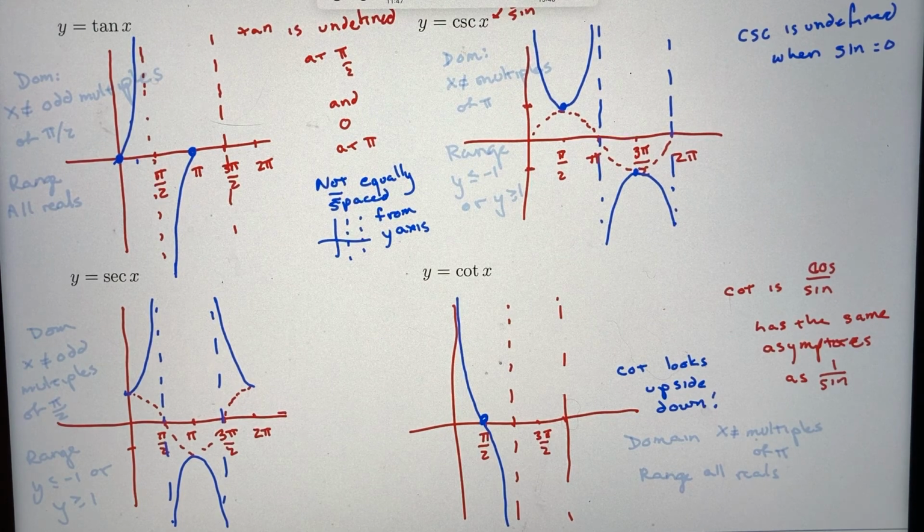All right, so this is just a beginning look at some of the trig functions. I did ask for the domain and range. Let's see, domain. How do you skip pi over 2 and 3 pi over 2 and stuff?